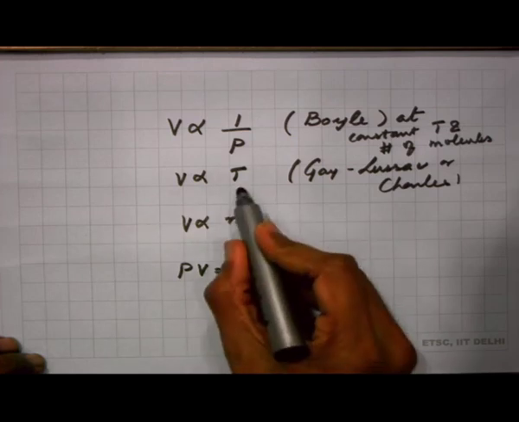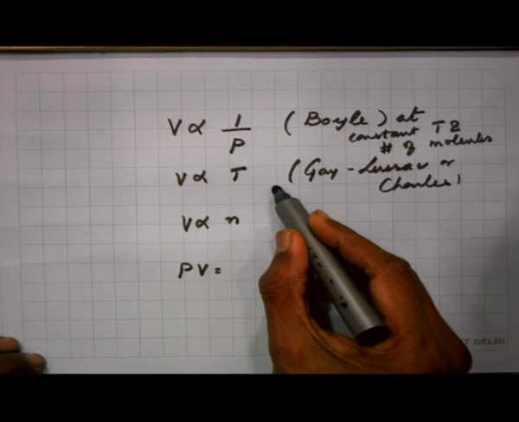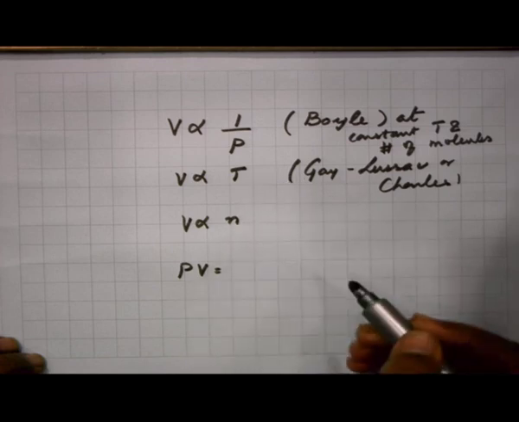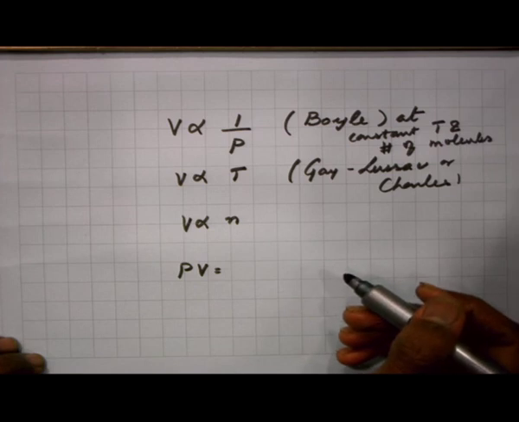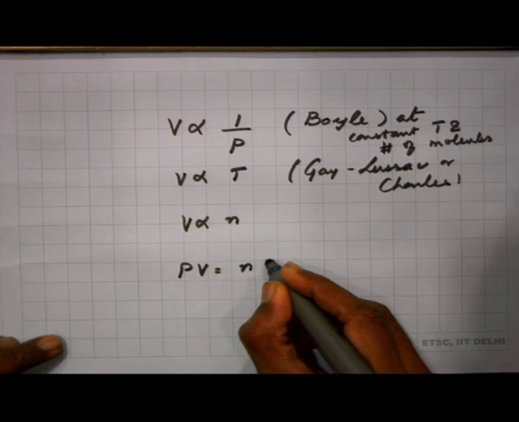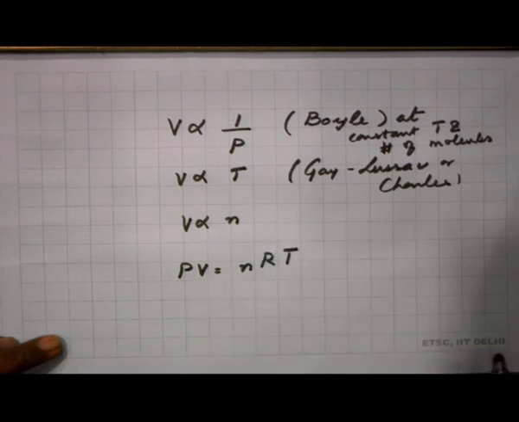V is proportional to T for all gases at the same pressure, and V is proportional to N according to Avogadro. So, if you put this all together, the mathematical derivation is there in the book. We get PV equals nRT.